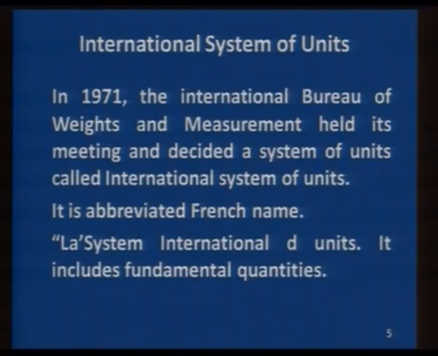It includes fundamental quantities. These fundamental quantities are 7 in number: first is mass, second is length, third is time, fourth is electric current, fifth is temperature, sixth is luminous intensity and seventh is amount of substance, which is known as mole.